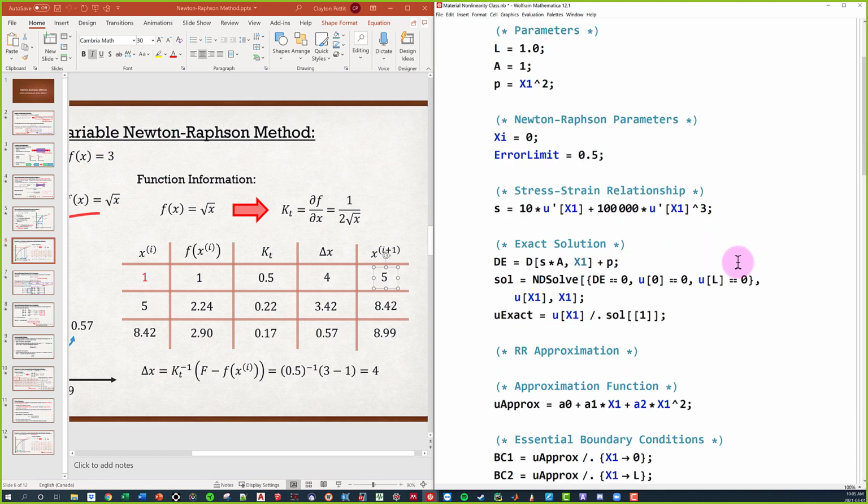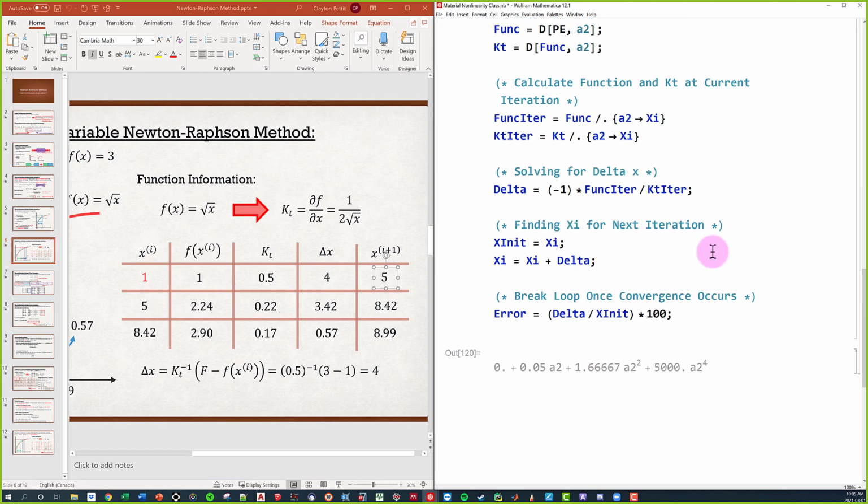Hopefully. So I'm going to come down here. Now that we have our error, we can put in our statement so that if that error is reached, we quit our loop. I'm going to use an if statement right here, and the first part is we have to set our condition. If our error is less than or equal to our error limit, we can come down here and do everything that we want.